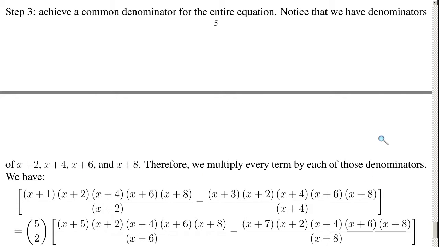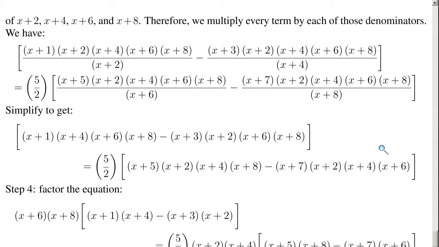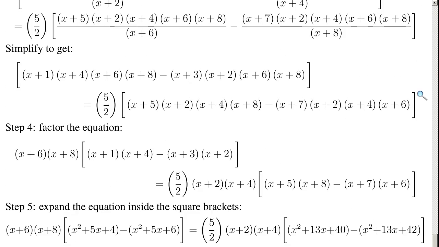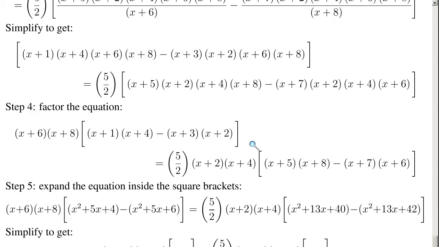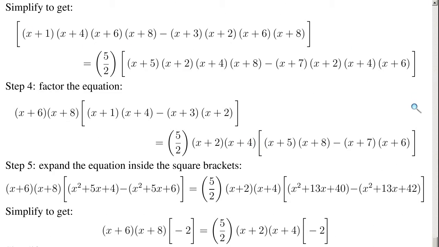Therefore, multiply every term by each of these denominators. And of course, we get this huge, huge mess. Same as last time, except we have 5 halves hanging around on the right side of the equation. Simplifying, again, x plus 2's cancel, x plus 4's cancel, x plus 6's cancel, x plus 8's cancel. And we're left with this.